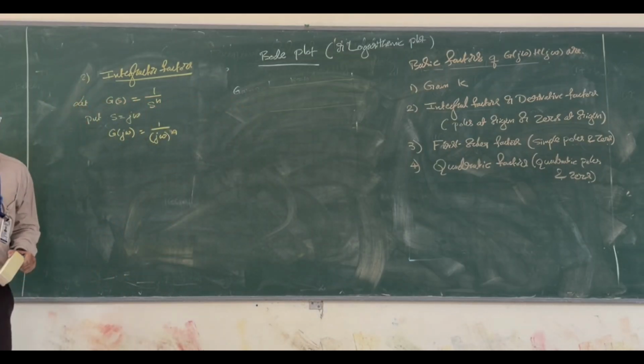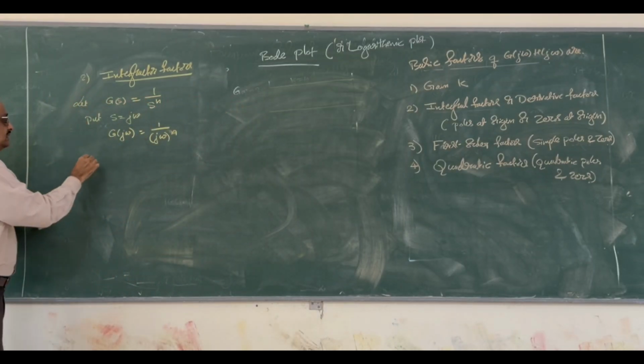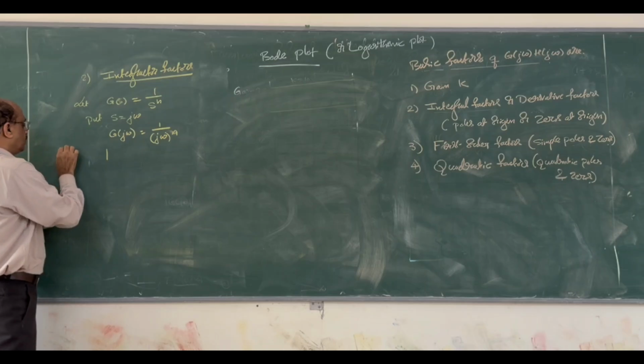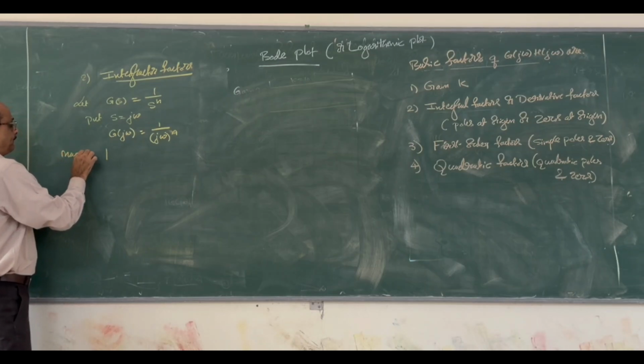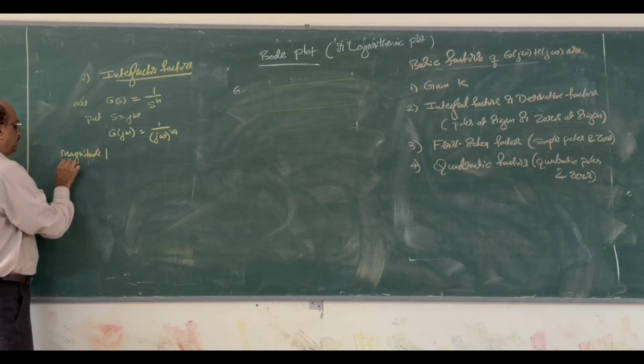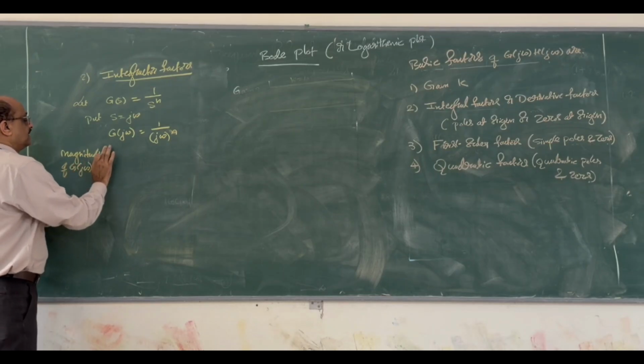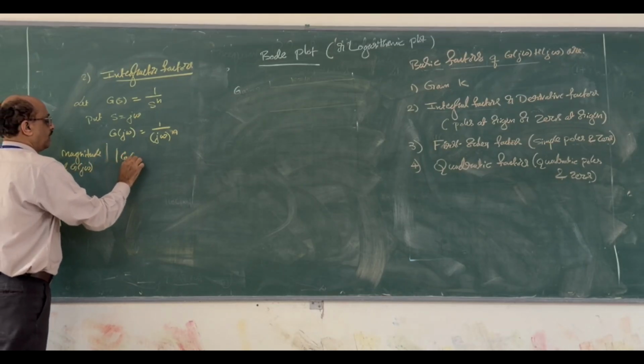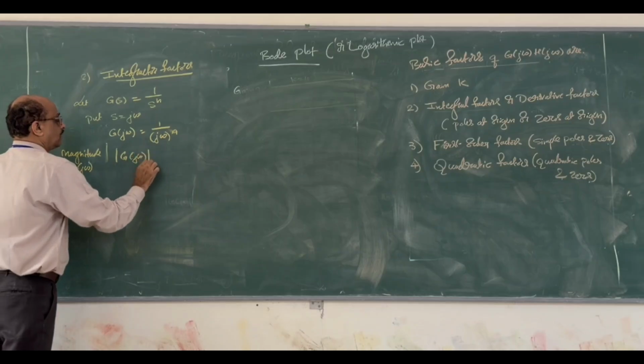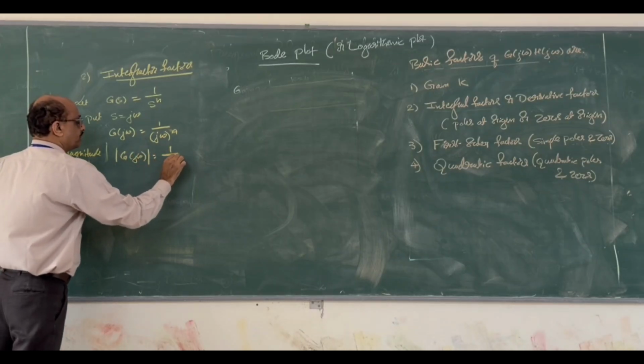What is now the magnitude of this? The magnitude of G(j omega) is equal to 1 over omega to the power of n.